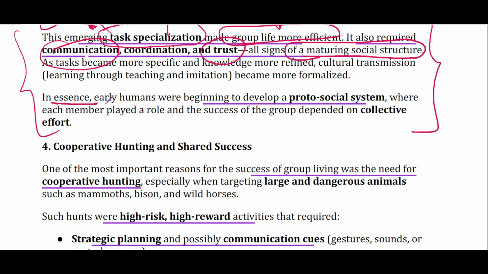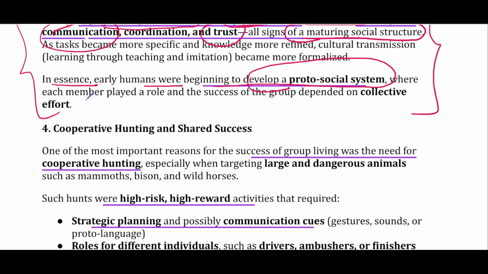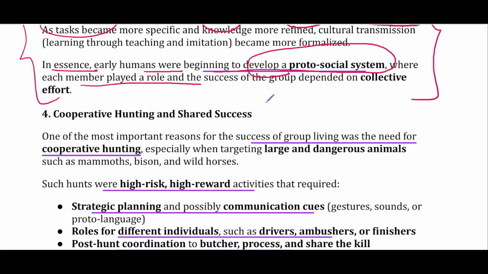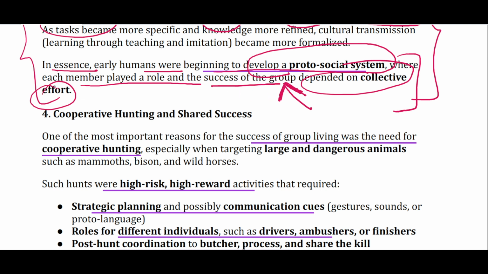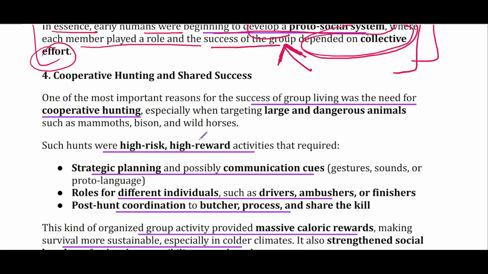And finally, in essence, the early humans, whether Neanderthal or Homo sapiens, began to develop a proto-social system where each member played a role and the success of the group depended on collective effort. So that was the encapsulated version of our success: the success of Homo sapiens is not a one-man army or one person's effort. It depends on the collective effort.